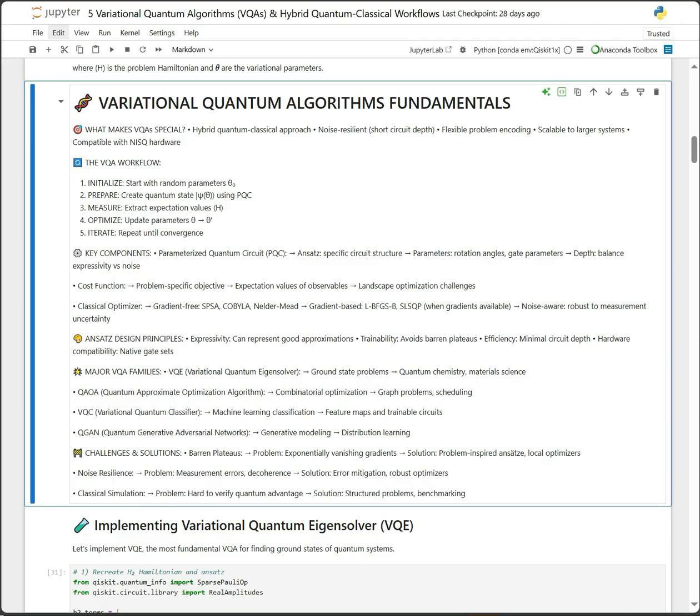The key insight here is that instead of running one long, deep quantum circuit that fails due to noise, we run many short quantum circuits. Using classical optimization, we can guide the parameters toward the most optimized answer. As in any optimization problem, it's never the exact answer, but the closest correct answer.